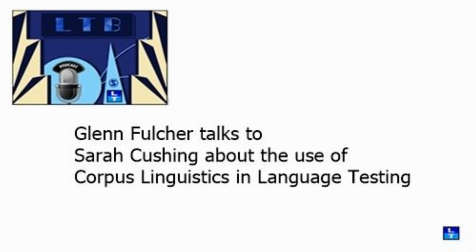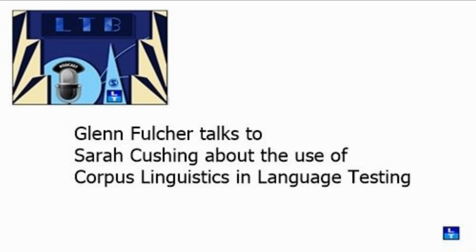There are actually several things that we can do with learner corpora, but I know we don't have a lot of time, so I'll just give you two examples. The first one is for item writing. For example, if you're writing a grammar test, you can base your distractors on typical errors that you would get from a learner corpus rather than just coming up with examples from your head. So that's an important use of learner corpora.